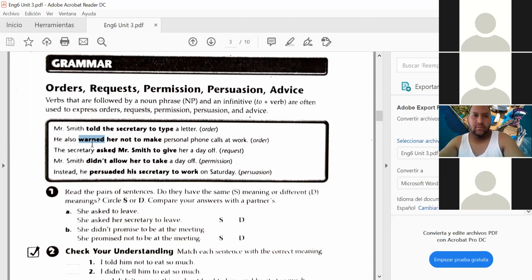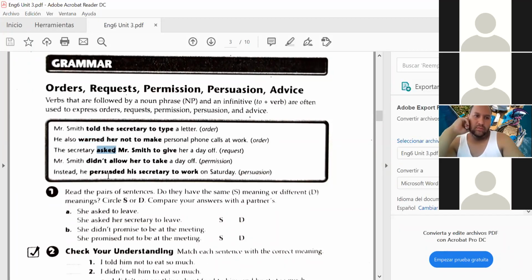So that means that when you warn a person, it is when you tell a person something that, if the person doesn't follow it, is going to give bad results. So that's why we say that when we are warning, we are giving an order too. Now in number 3, we use the verb ask, which is in past in there.